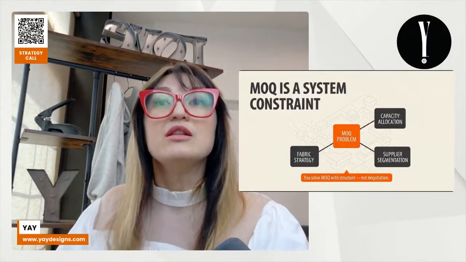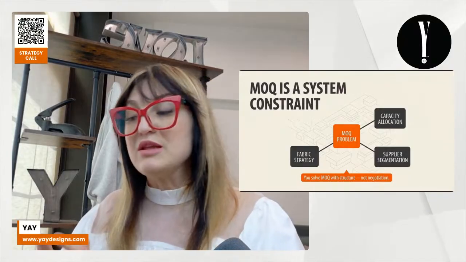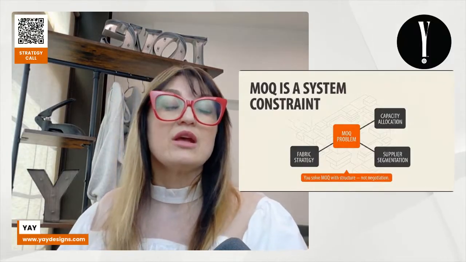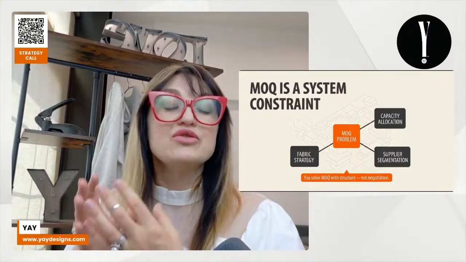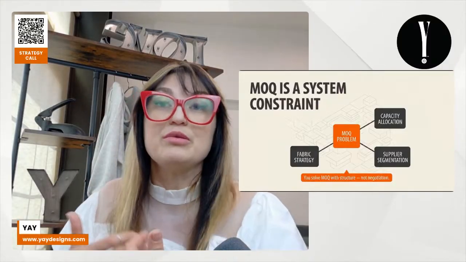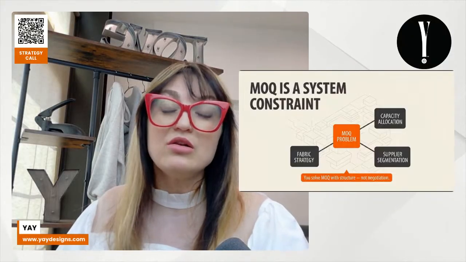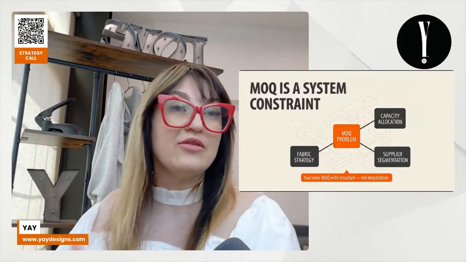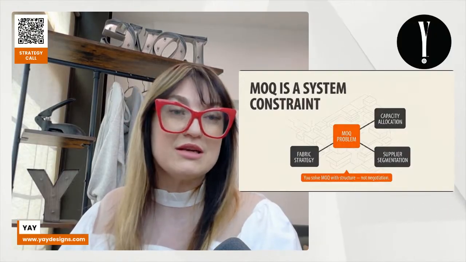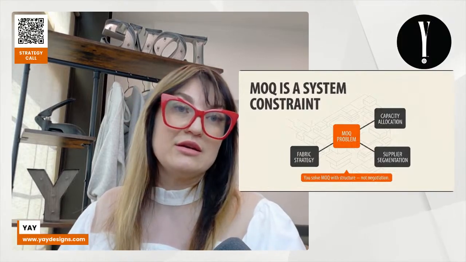And not only that, they were also able to reduce the MOQ. Instead of piece dyeing, where we dyed all these dye lots and they then had to deplete that fabric into the MOQs, we switched the model altogether to prepare everything for garment dye, and then we just garment dye the product.